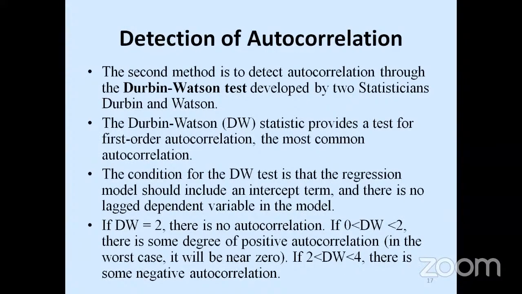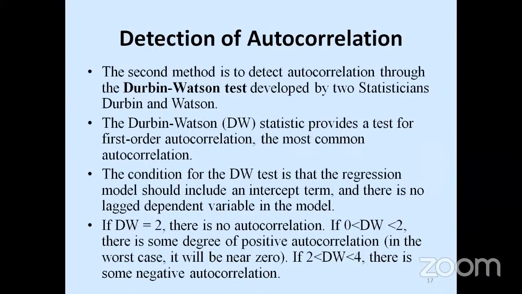The second one is the Durbin-Watson test, given by Durbin and Watson. What does this test mean? The test provides a test for first order autocorrelation, the most common autocorrelation. The condition for this DW test is that the regression model includes an intercept term and there is no lag dependent variable in the model.